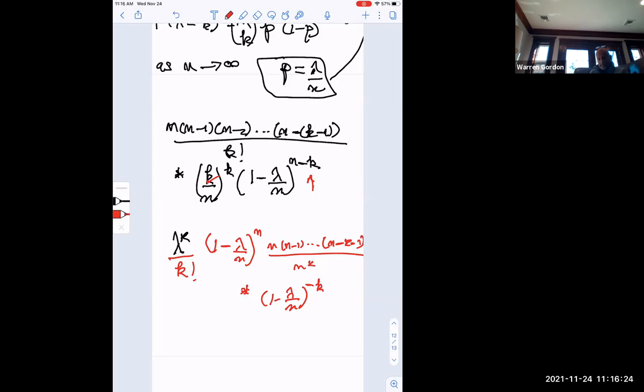Now, remember, n is going to infinity. Well, if n is going to infinity, this term stays. That's just lambda to the k over k factorial. We know this becomes e to the minus lambda. That's one of the definitions of e.